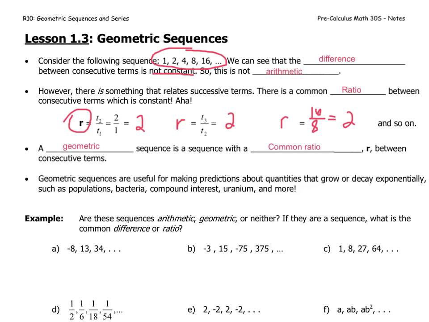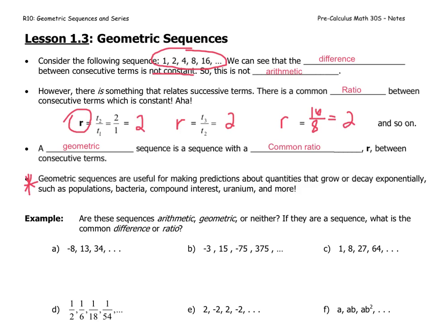And that common ratio is denoted as R between consecutive terms. Now, we can use geometric sequences for lots of things. So, geometric sequences are useful for making predictions about quantities that grow and decay exponentially, such as populations, bacteria, compound interest, uranium, and much, much more. It's surprising how many different applications there are.